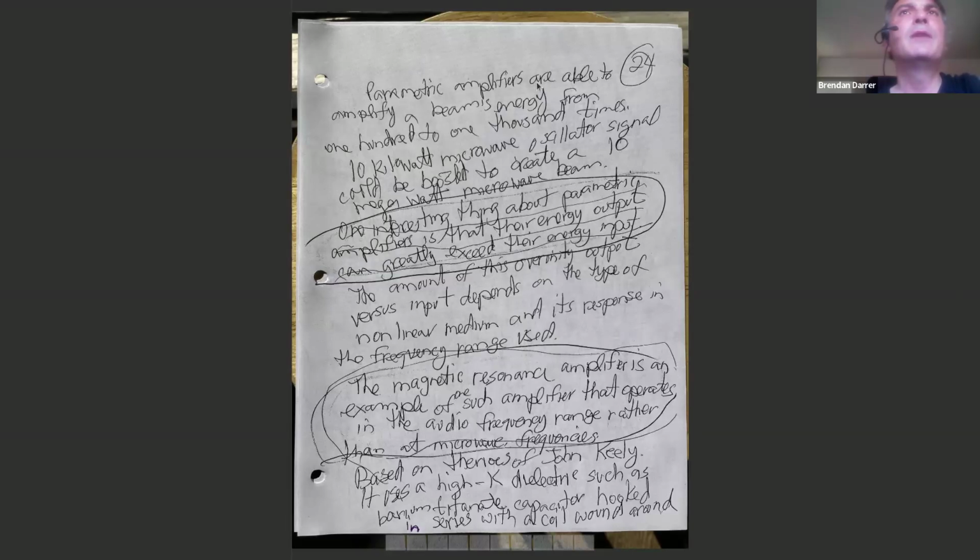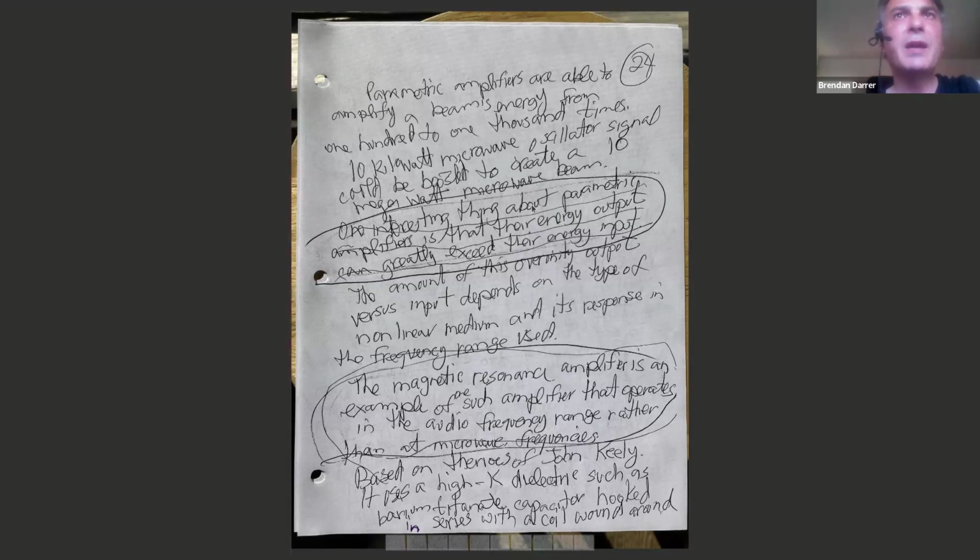Parametric amplifiers are capable of amplifying a beam's energy from 100 to 1000 times. A 10 kilowatt microwave oscillator signal could be boosted to a 10 megawatt microwave beam.